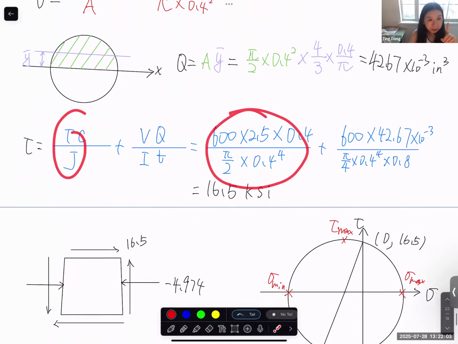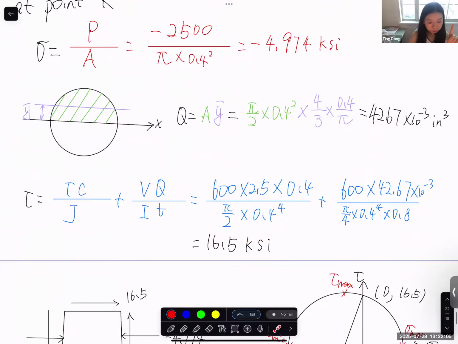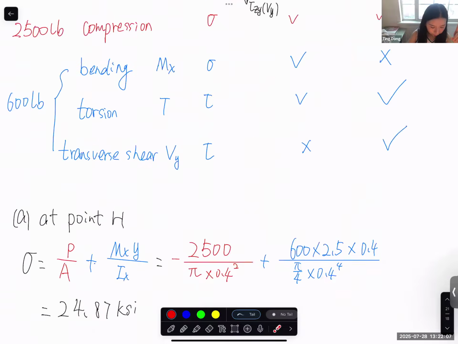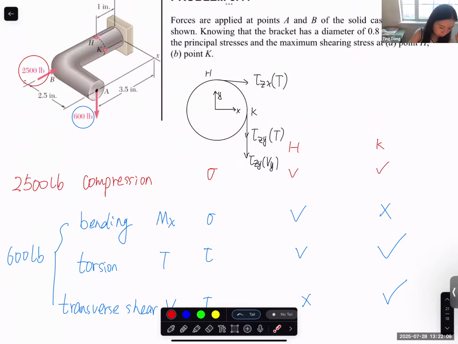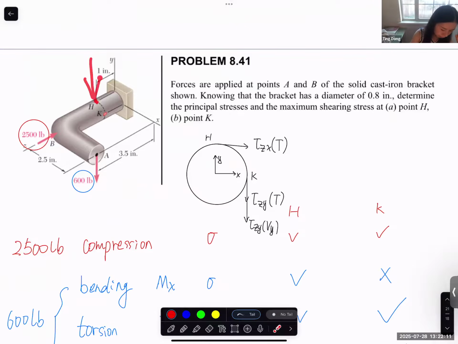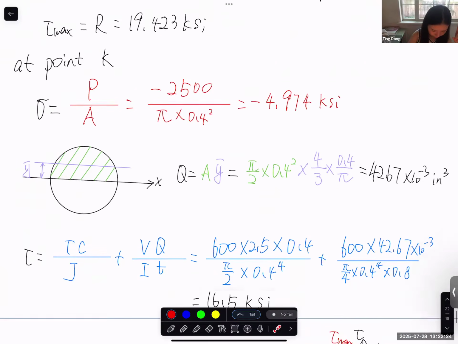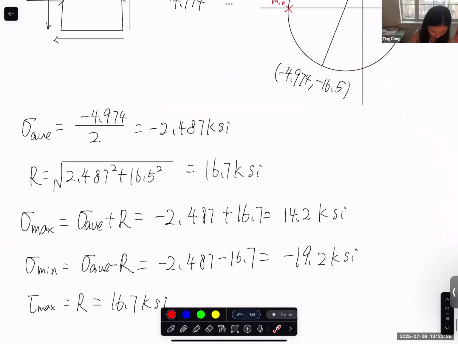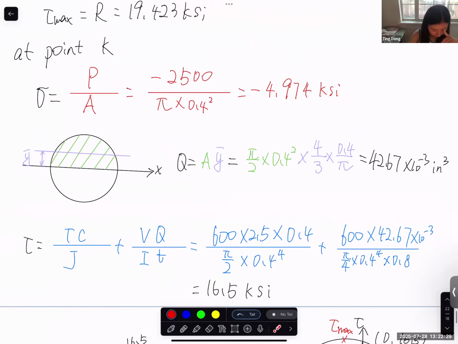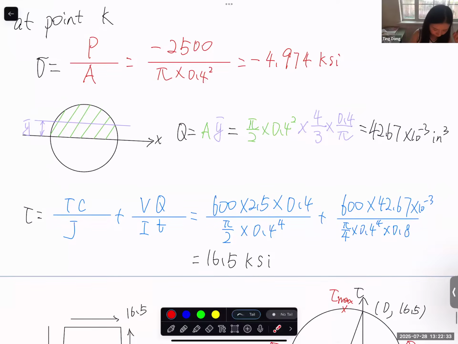The part that gets complicated is the shear stress, because now if you consider a force applied here, and K is on the neutral surface, and we want to calculate the shear stress, I guess I didn't derive this in this class, but we can always use VQ over IT.